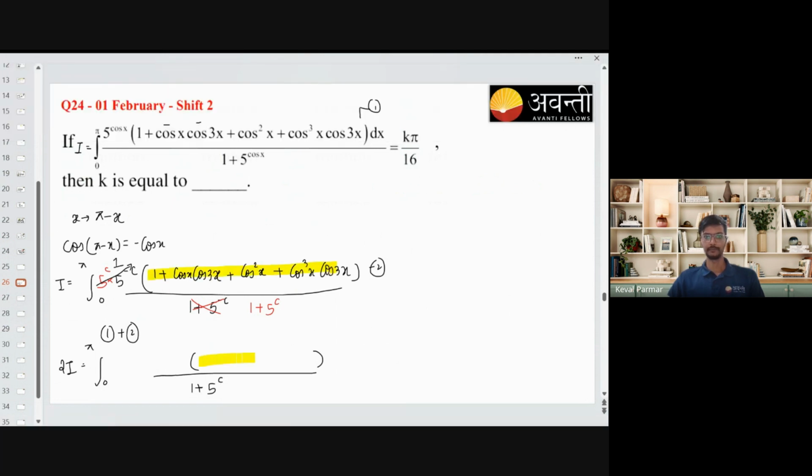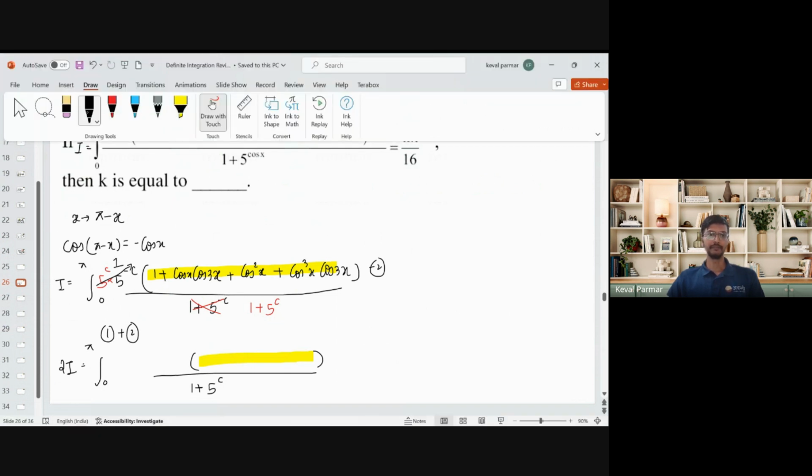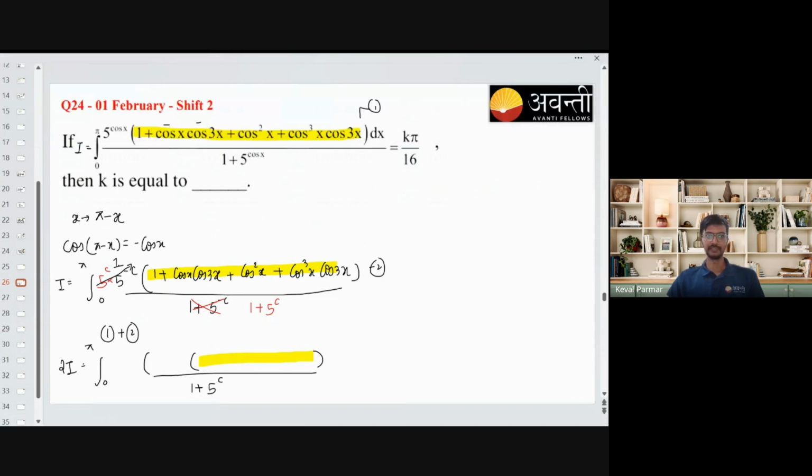What will be left with us? We have 1 and 5 raised to the power cos x, so 1 plus 5 raised to the power cos x will be left. This will get cancelled and we'll be left with 2I equals integration 0 to pi into this bracket, the yellow highlighted.